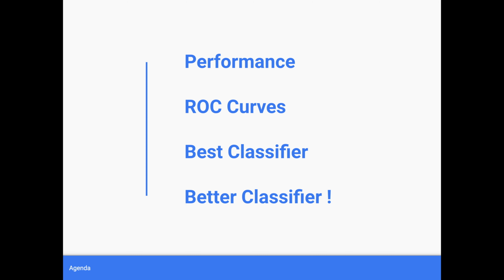And as a bonus at the end, we'll use a fairly recent technique for seeing how we can, almost by magic, invent a new kind of classifier which has better performance than what we had before. It's not really magic, but it's really useful, and it's something I don't think many people know about, so we'll do that at the end.